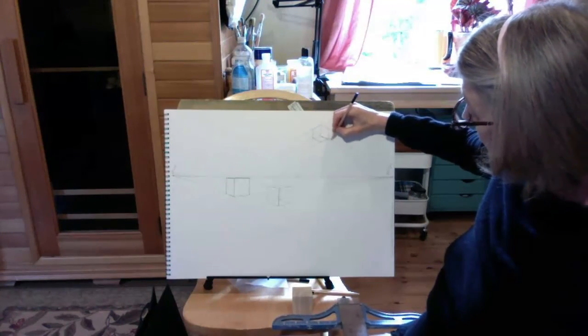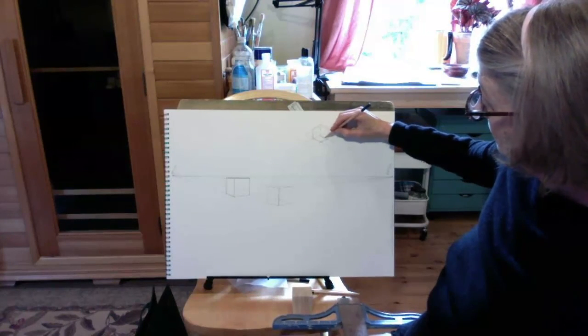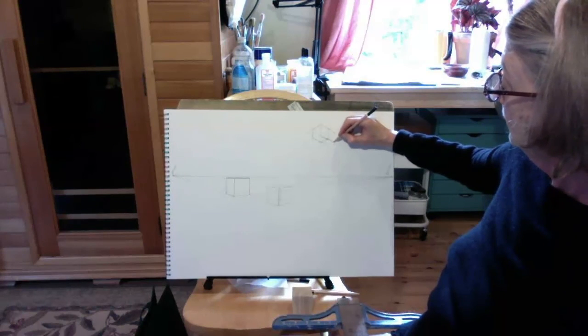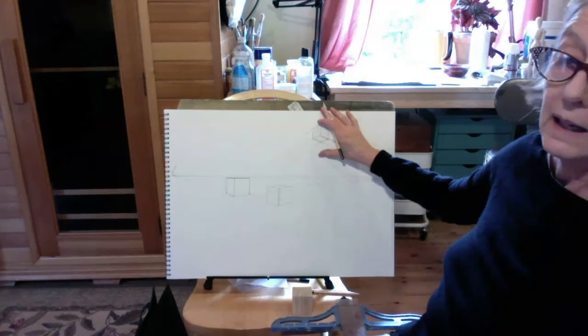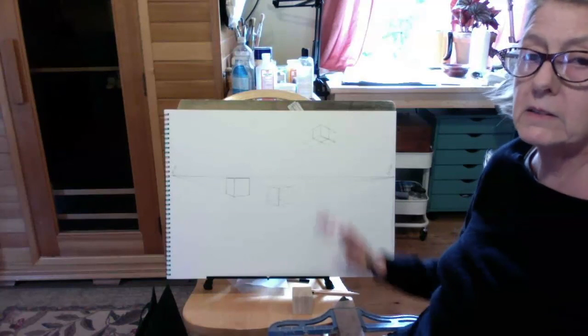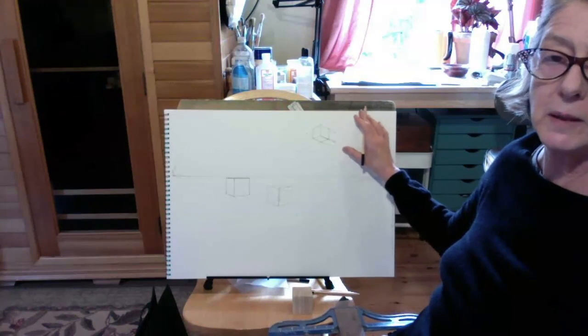Same thing with these lines. If I extended those lines out, they would eventually come together also. I just did that from my knowledge, right? I didn't plot that, but it takes practice to be able to do that.